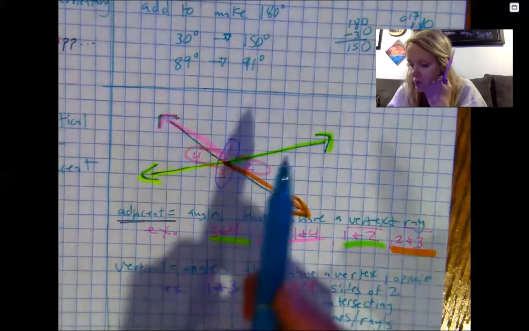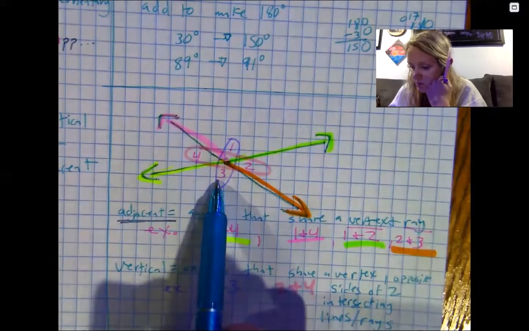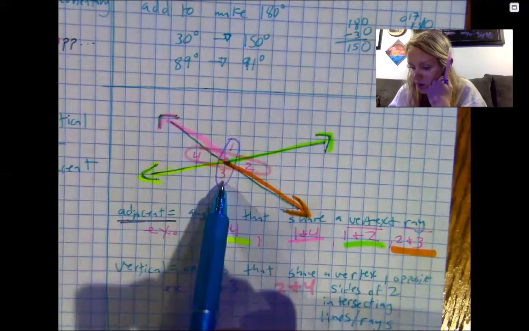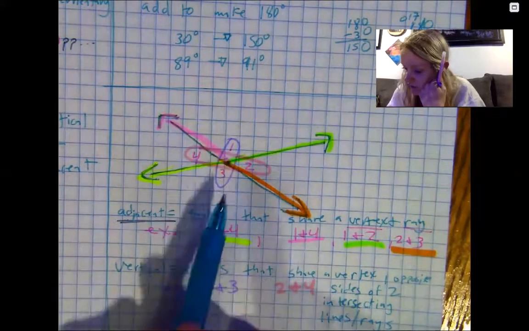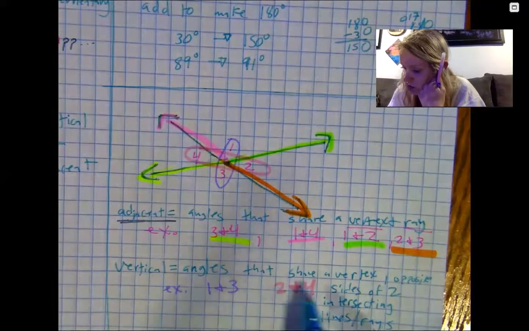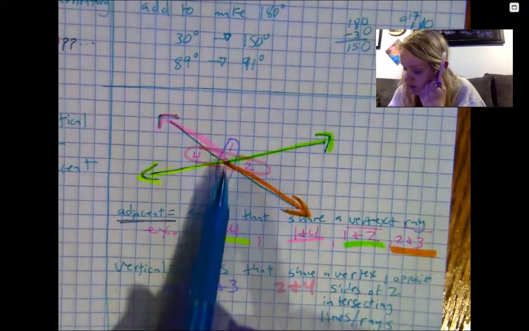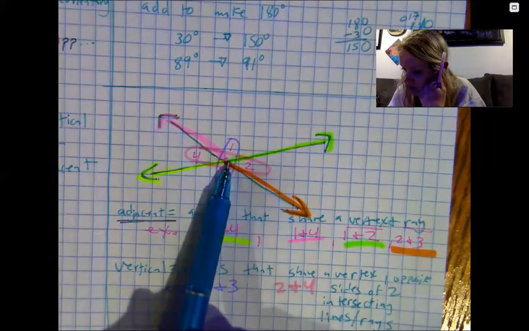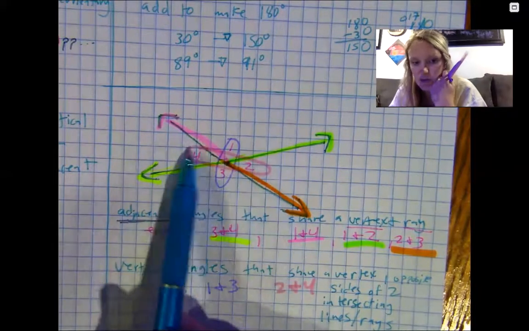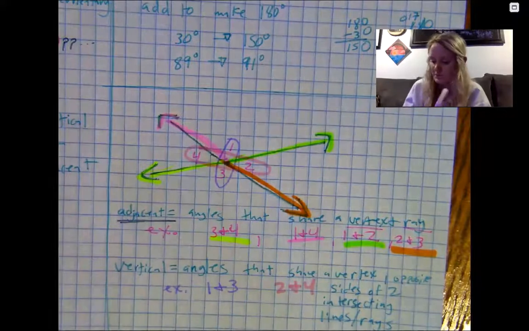Okay, so 1 and 3. 1 and 3 right here. Right now, 1 and 3 are angles that share a vertex, but they're on opposite sides of the two lines. 2 and 4 share a vertex, but they're on opposite sides of the two lines, which means they're vertical.